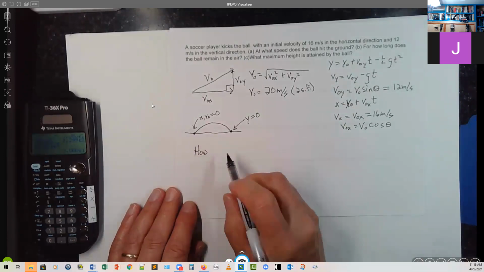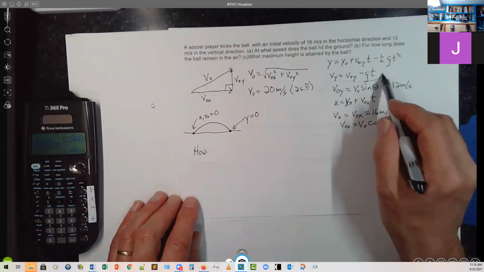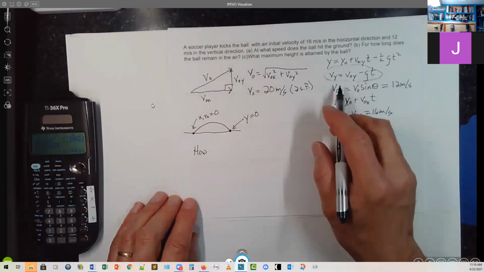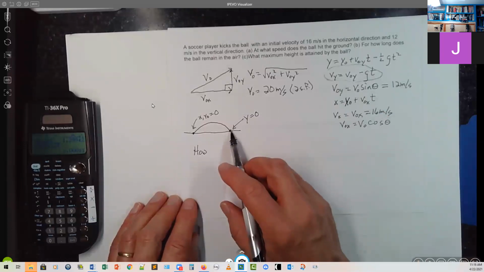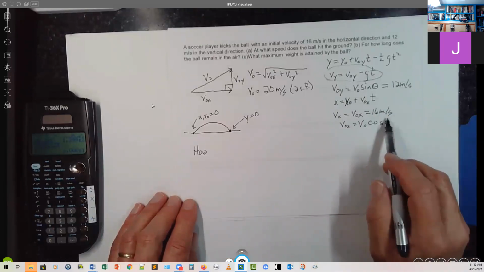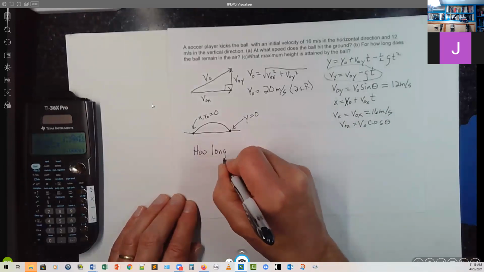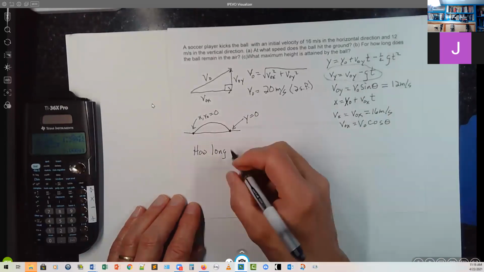And once I know that, I'll take the time that I get and plug it into this equation, and I'll know its velocity in the y direction when it comes back to the ground. The velocity in the x direction is always 16 meters per second. But in order to figure this out, I need to know how long it's in the air.